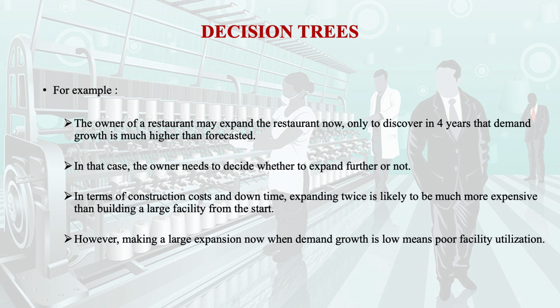In terms of construction cost and downtime, expanding twice is likely to be much more expensive than building a large facility from the start. However, making a large expansion now when the demand growth is low means poor facility utilization. So there are several decisions you will find in the case of a decision tree model.